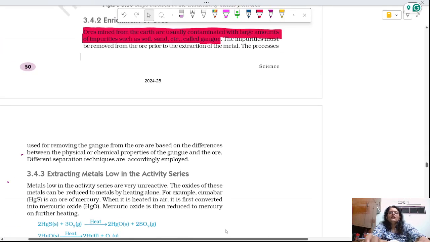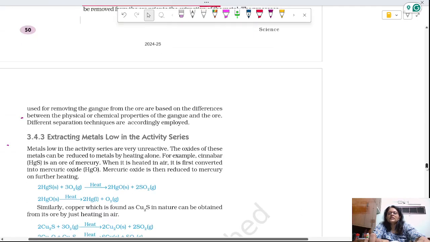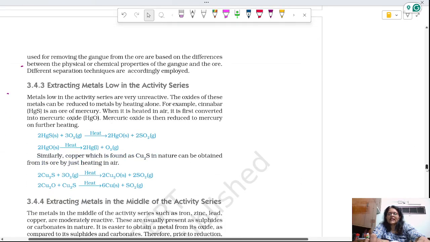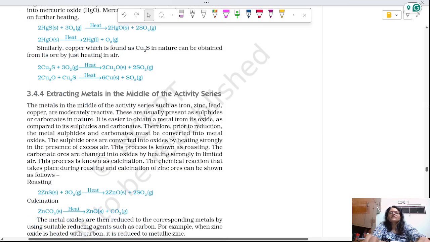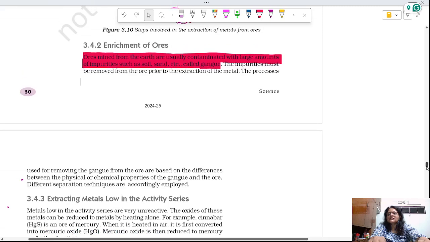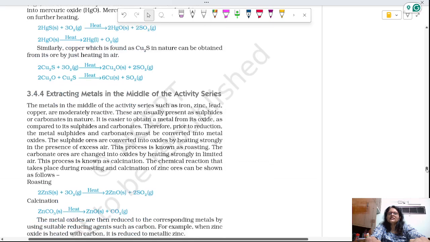First we are going into more detail on the reactions and equations for compounds or metals low in the activity series.